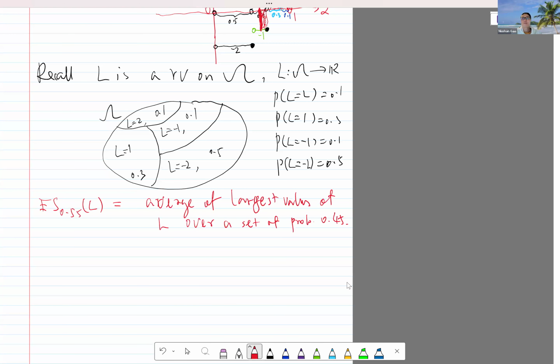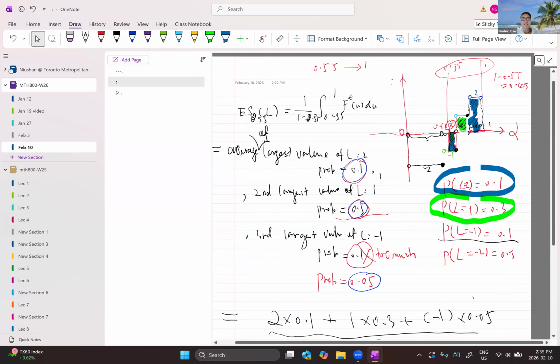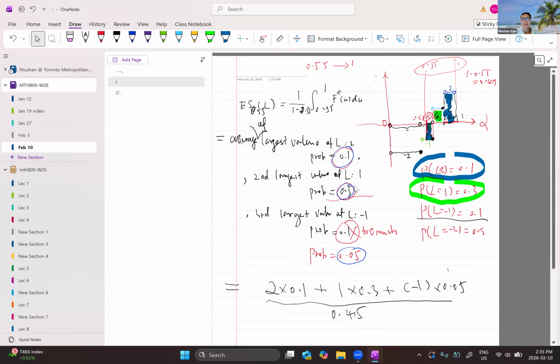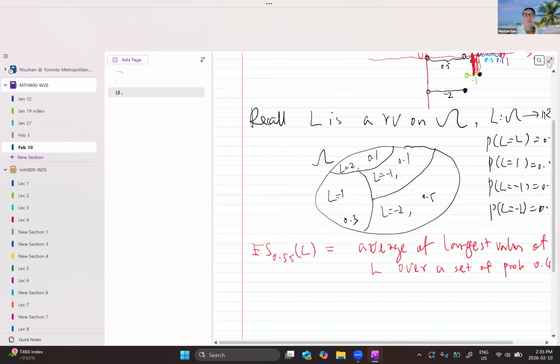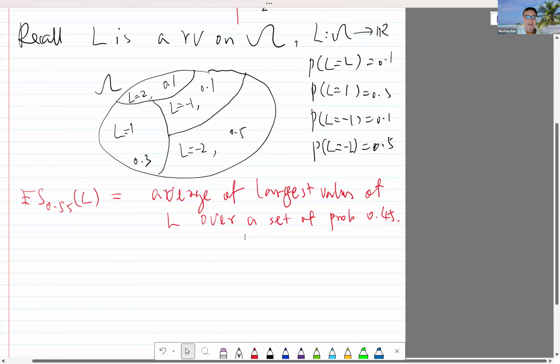Compared with before, you are looking at the average of the largest values of L. From the largest one, which is 2, then the second largest is 1, until you accumulate a probability of 0.45, right? Agree?